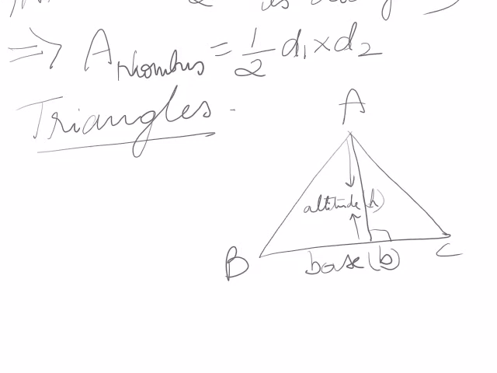Okay, so this altitude or height is a perpendicular drawn from the opposite vertex to the base. Now, if you take AC as the base, then the perpendicular drawn from the opposite vertex B will be the height. If this is the base, then this will be the height.